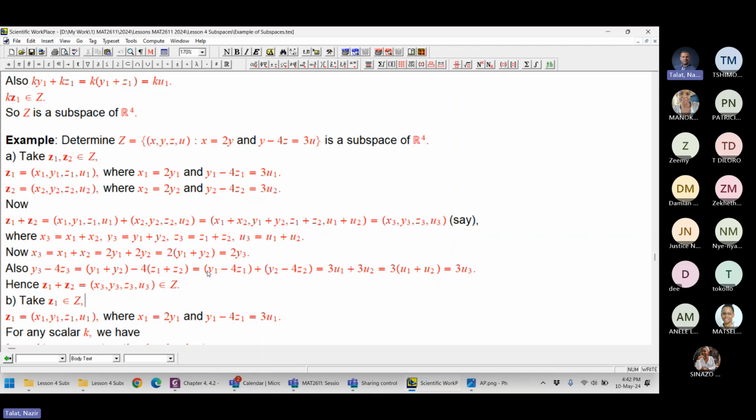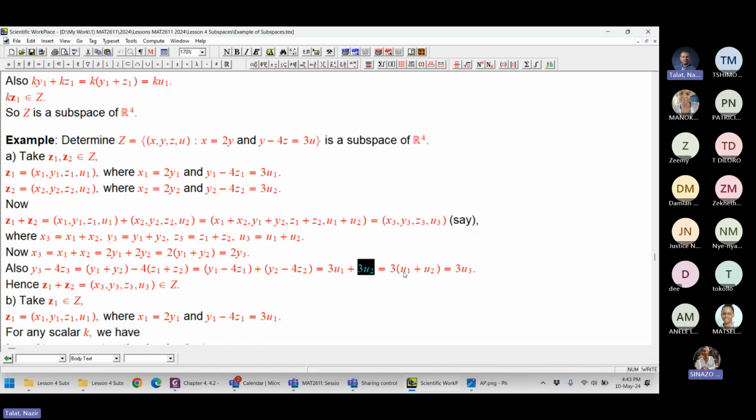Then remember, as these elements satisfy this relation, y1 minus 4z1 is 3u1, and y2 minus 4z2 is equal to 3u2. So we just write 3u2 over here.